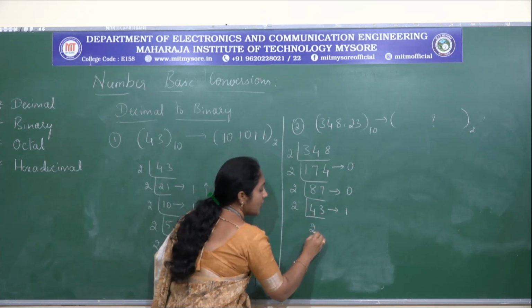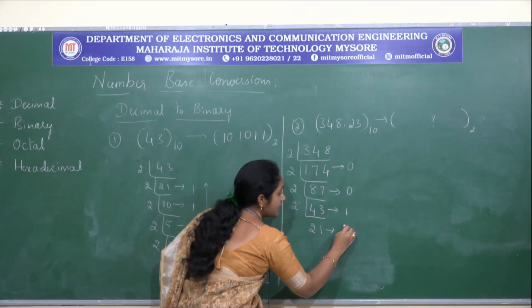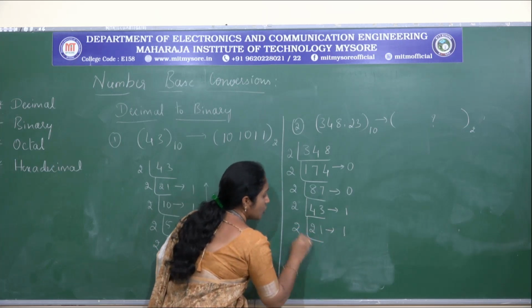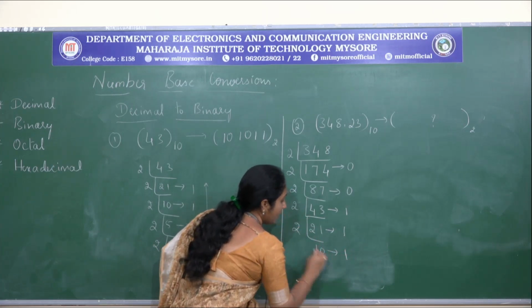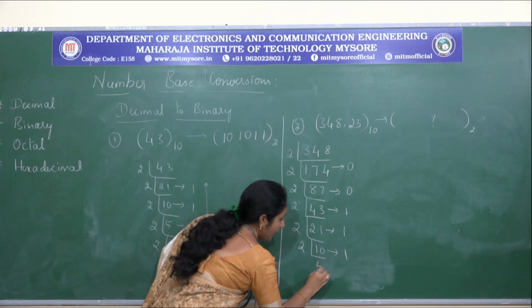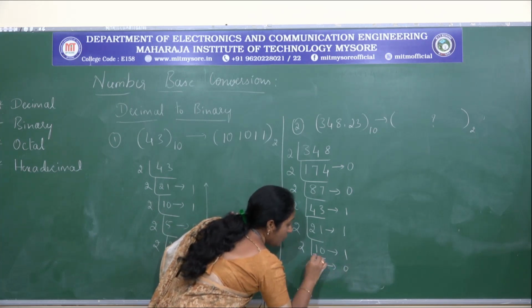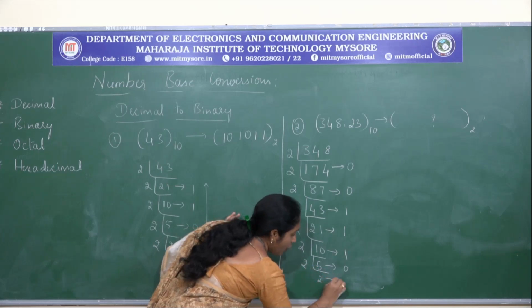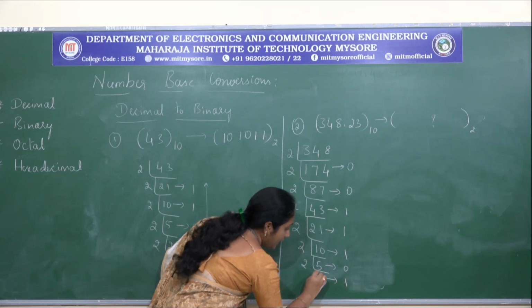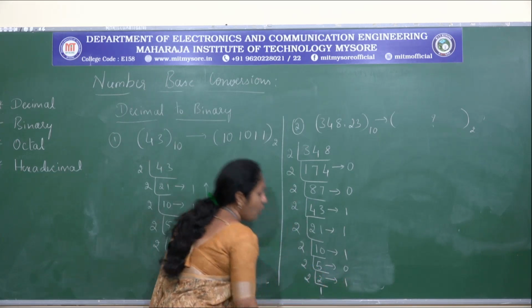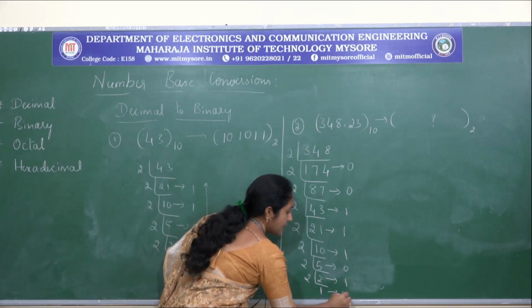Next, 2 2s are, 2 1s are, remainder is again 1. Next, 2 10s are 20, remainder is 1. Next, 2 5s are 10, so remainder is 0. Next, 2 2s are 4, remainder is 1. Next, 2 1s are, remainder is 0.